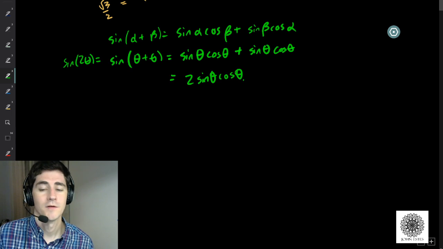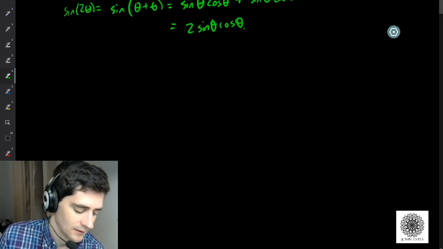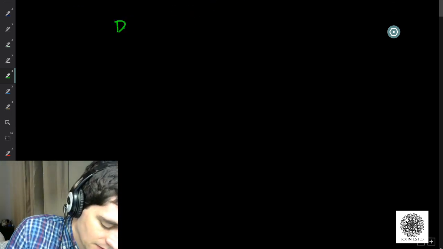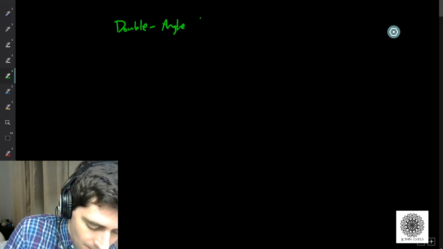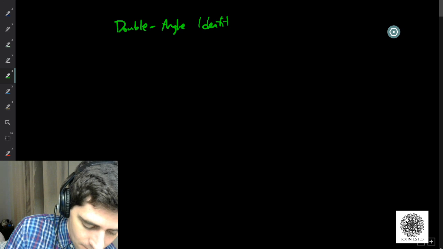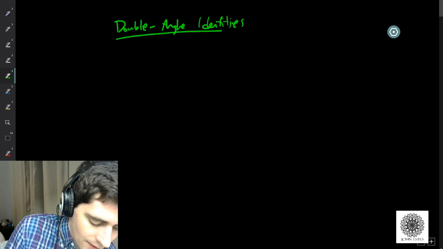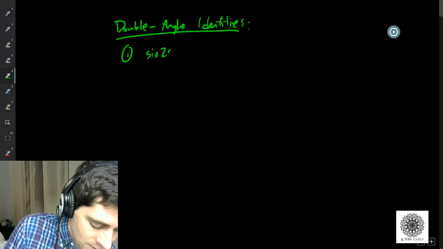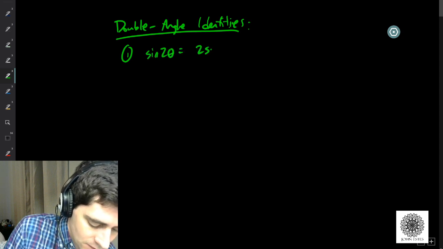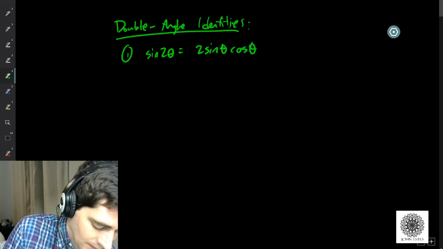And there's my first double angle identity, okay? So we can write that down, the double angle identities. I'll go ahead and give you all three of them. 1, sine 2 theta is 2 sine theta cosine theta.